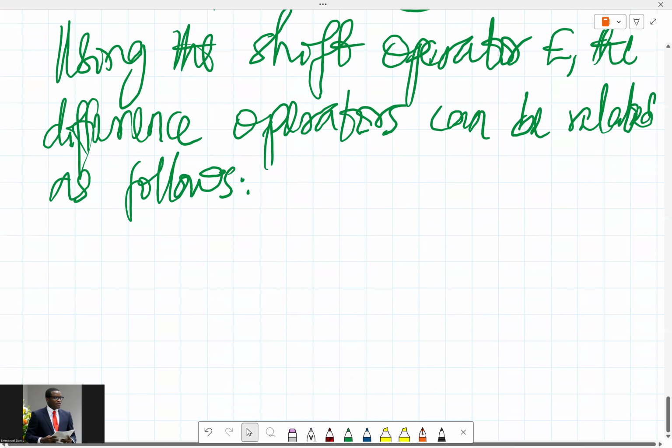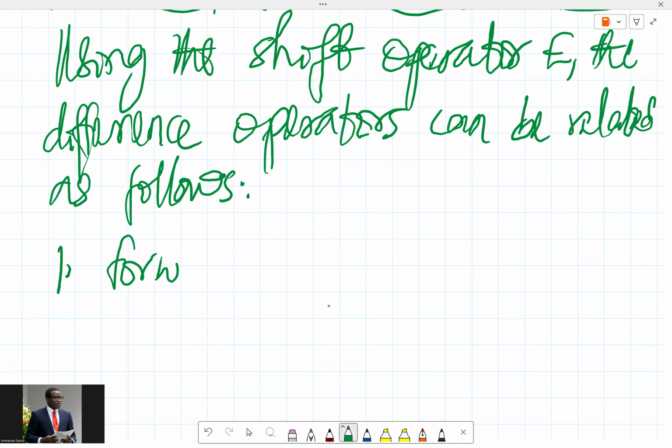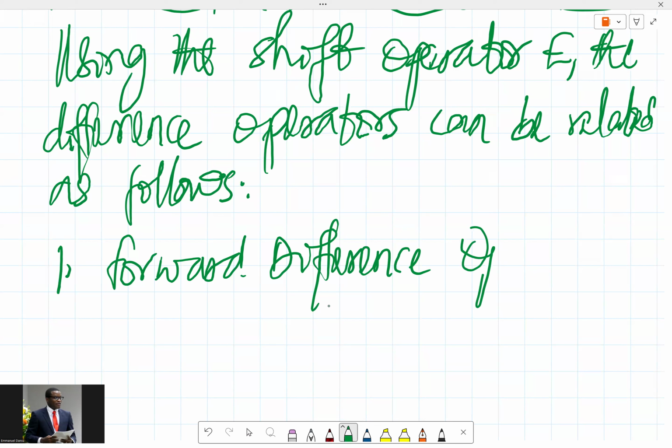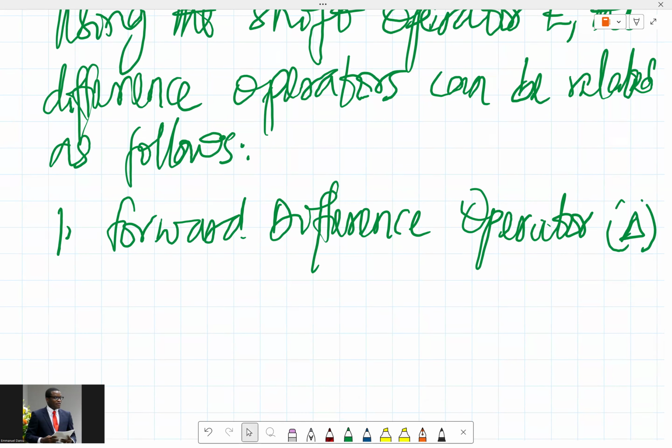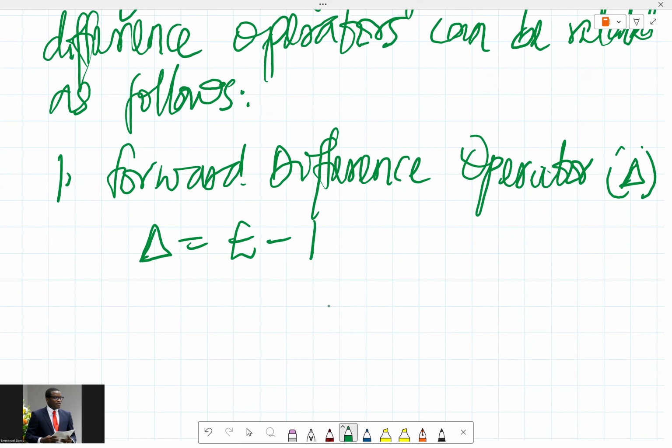The first one, again, let's itemize. We have the forward difference operator. What's the relationship between the forward difference operator and the shift operator? The forward difference operator is the triangle facing up. Basically, delta equals shift operator minus one.